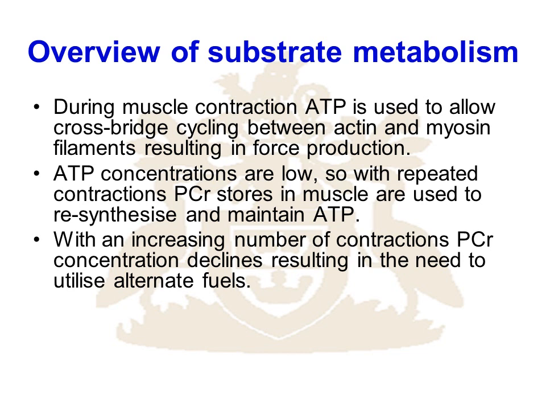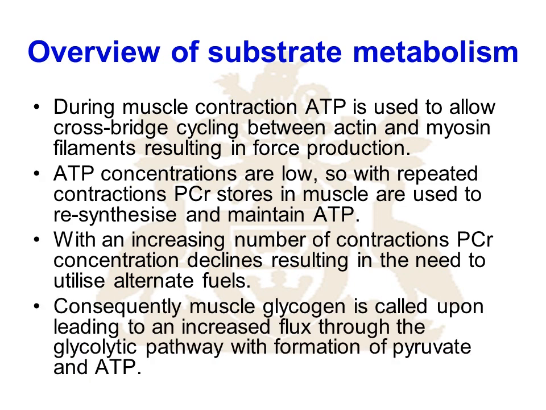So if we have an increasing number of contractions, the PCR concentration starts to decline. And we saw that on the previous graphs, where in relation to exercise intensity or duration, PCR concentration starts to fall. As that starts to fall, and assuming you want to maintain the same exercise intensity, there's a need to utilise alternate fuels or sources to help regenerate or resynthesize ATP.